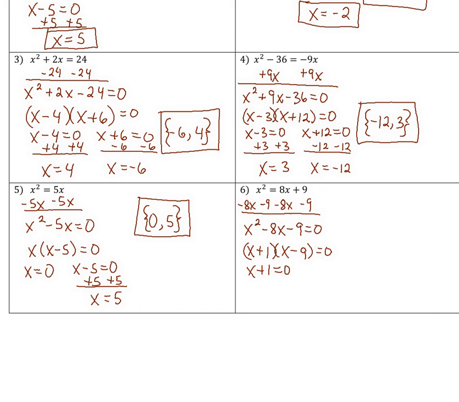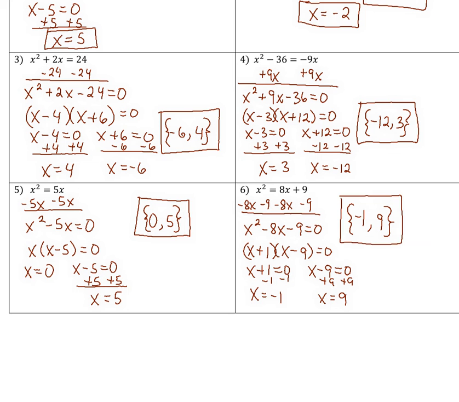Now each factor separately equal to 0. So we get x is equal to negative 1 and x is equal to 9. All right. And now let's go ahead and get our solution set. Negative 1, 9. Get a box around that.